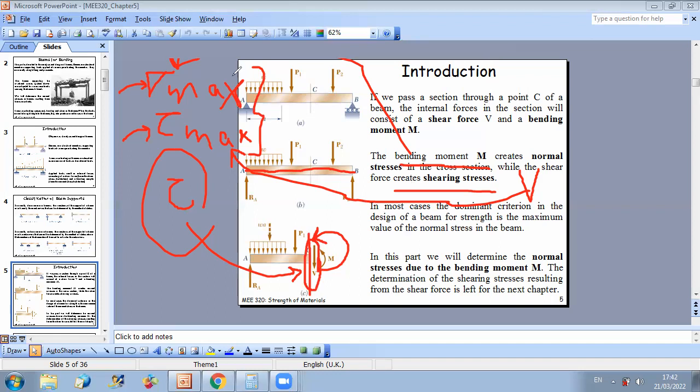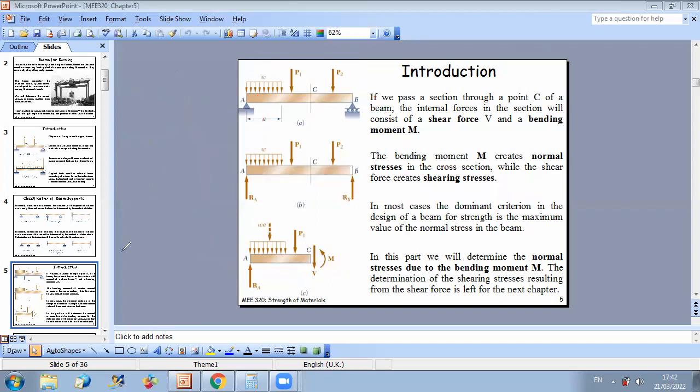But we'll see after that if you have non-uniform sections, you should study each section separately. We'll see why. Whenever you have change in cross section, you should determine another maximum to determine what is the critical maximum between all of these sections. This idea will be more detailed in next slides.